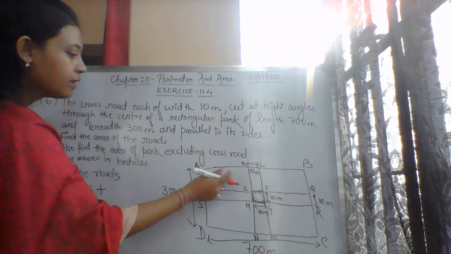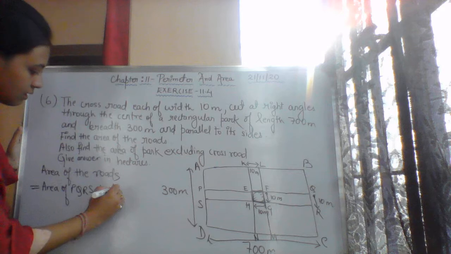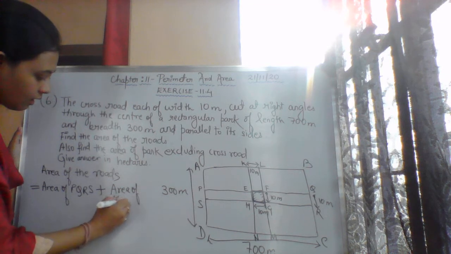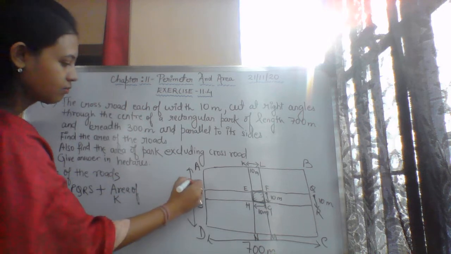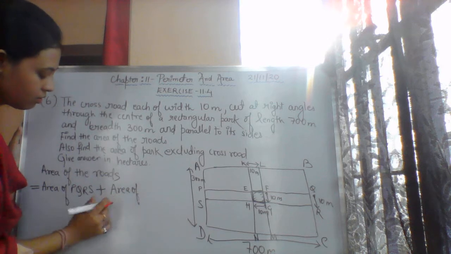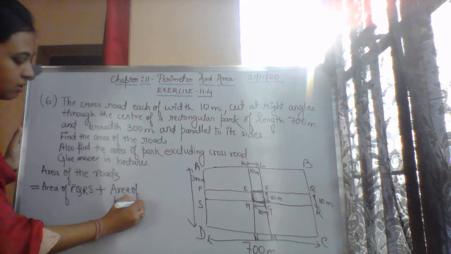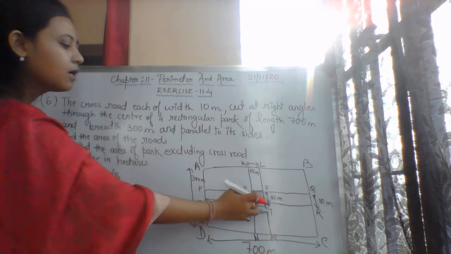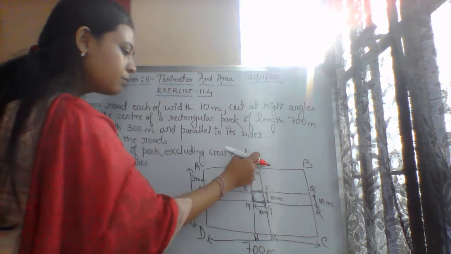This road: area of K, L, M, N. Okay, so I have got both the roads' area, but this part has been counted twice while counting this area plus this area.